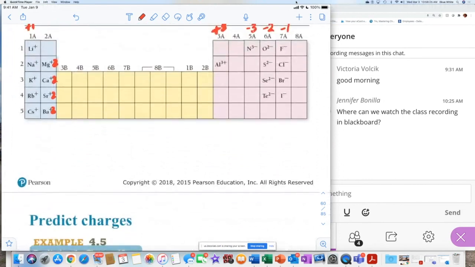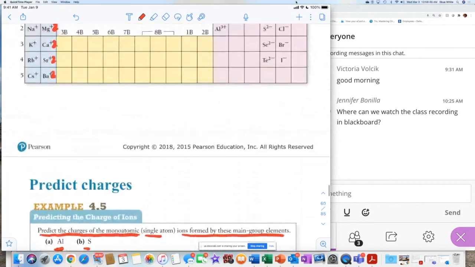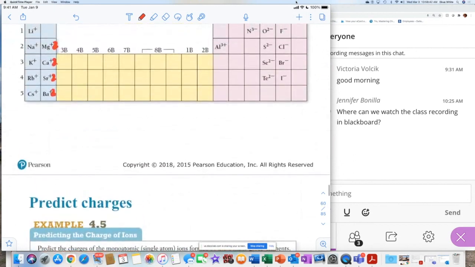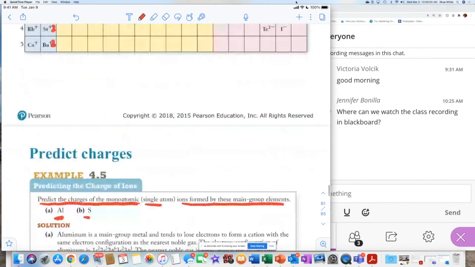So I already talked about this before, right? So we're told here, predict the charges of the monoatomic single atom ion formed by these main group elements based on their position, right? That part is implied. Aluminum and sulfur. So aluminum is right here, right? So the charge will be plus 3. Sulfur is right here, so the charge will be minus 2.